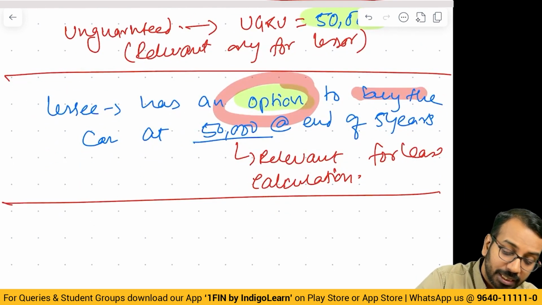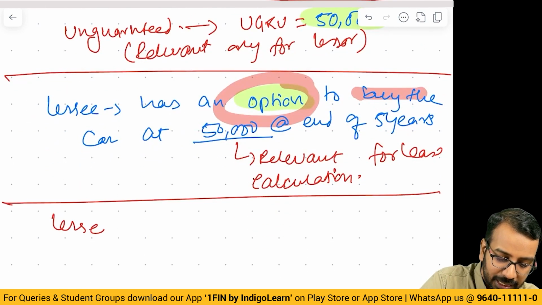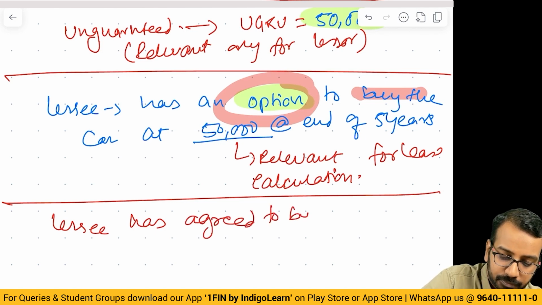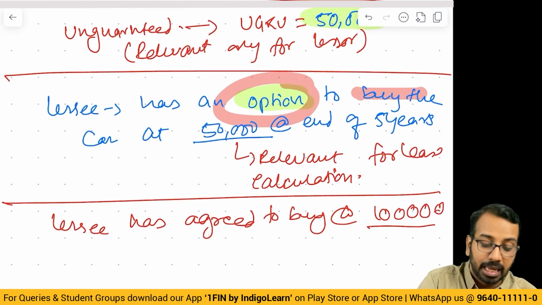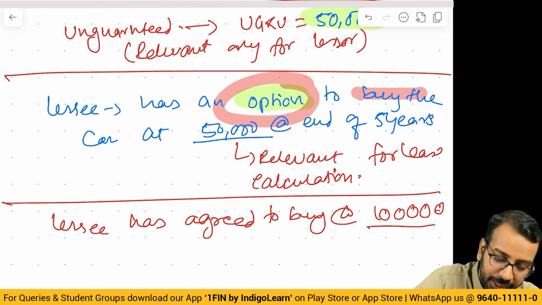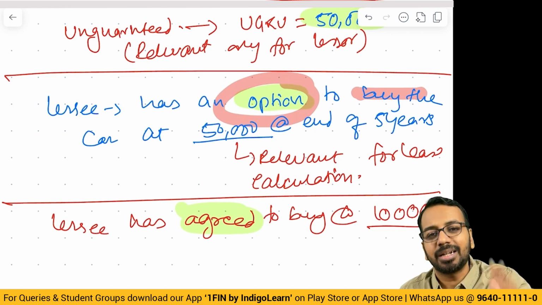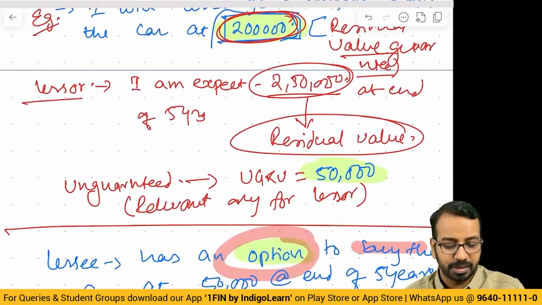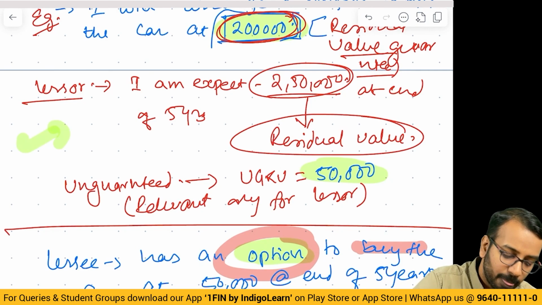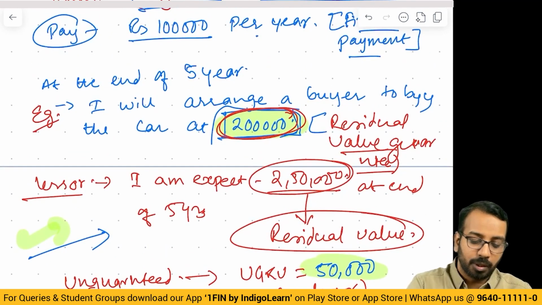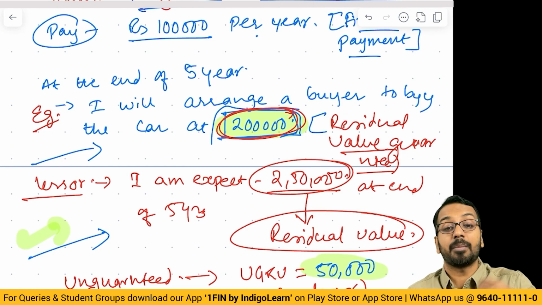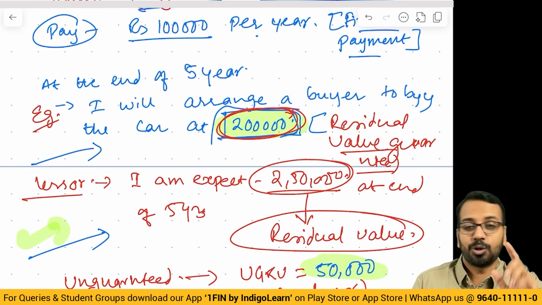Then there is a third scenario where the lessee has agreed to buy at, let us say, 1 lakh. When I say agreed to buy, it is a mandatory transaction. So the three differences that you need to understand: if the lessee has guaranteed some amount, that is called guaranteed residual value.